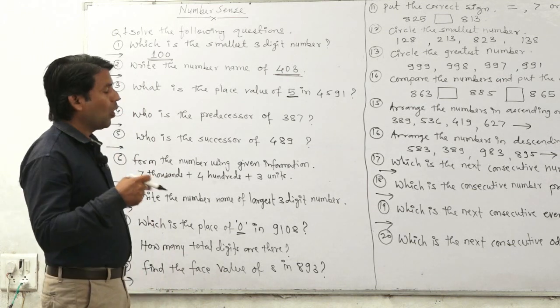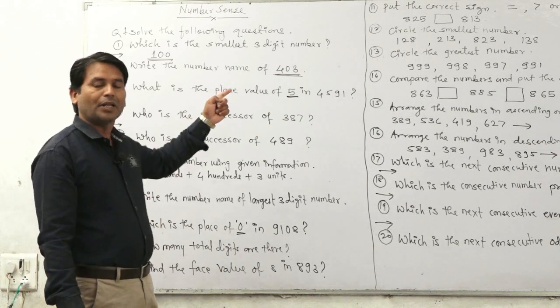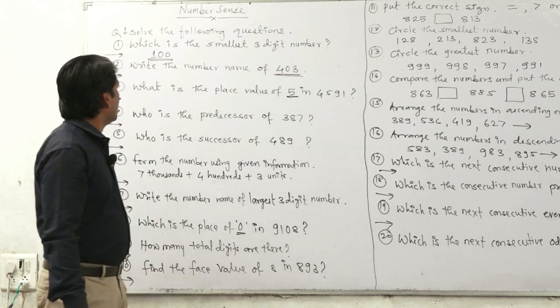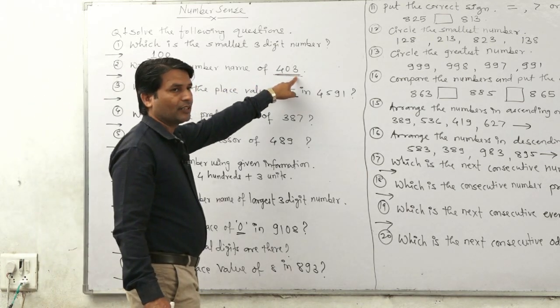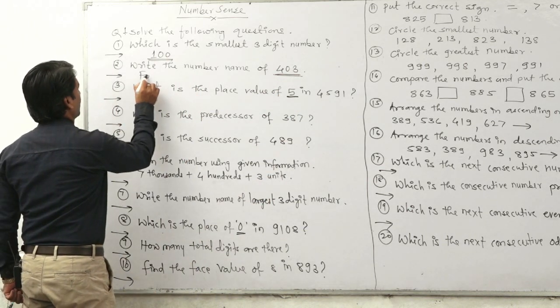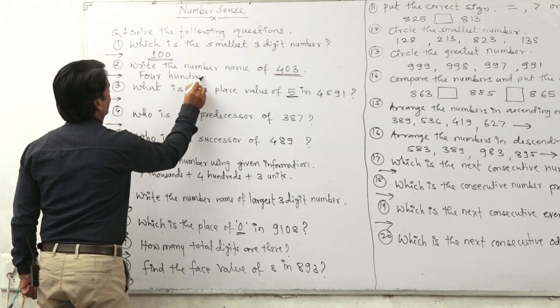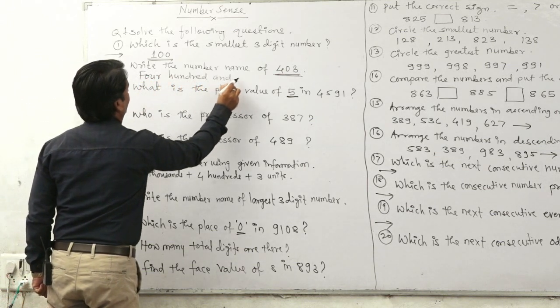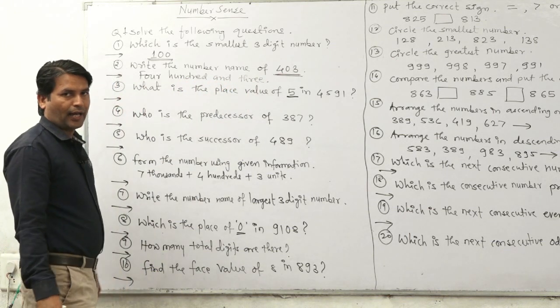If you learn all these spellings, then you can easily write the names of numbers. So write the number name of 403. You have to write here four hundred and three. This is your answer.